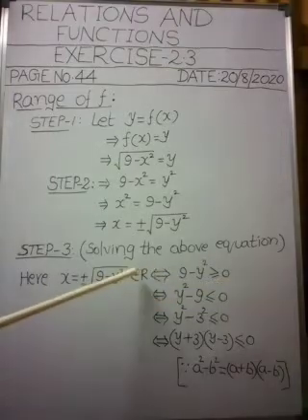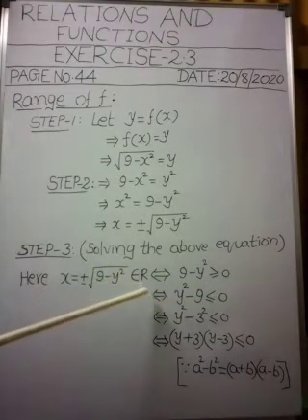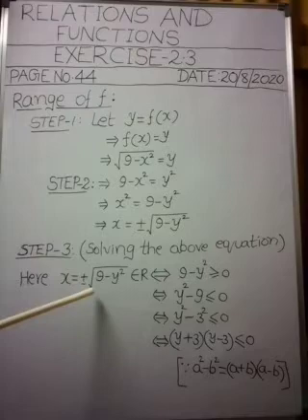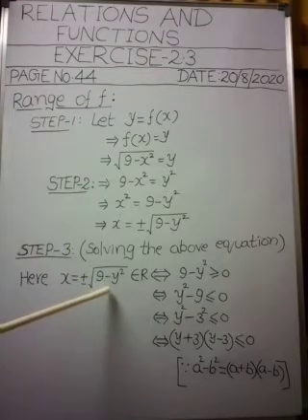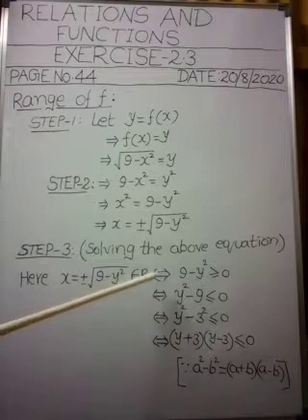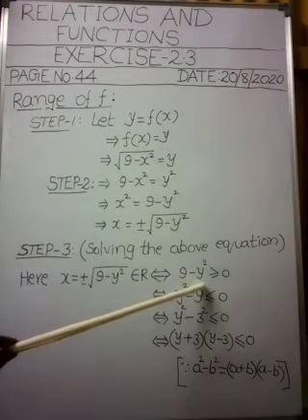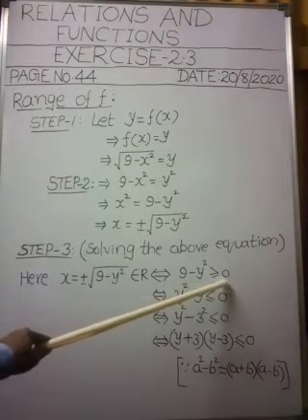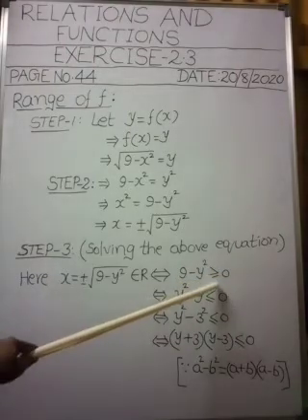Only in that case is this entire number a real number. The number under the square root must be a non-negative real number. So we wrote 9 minus y square greater than or equal to 0. Understood this step, my children?